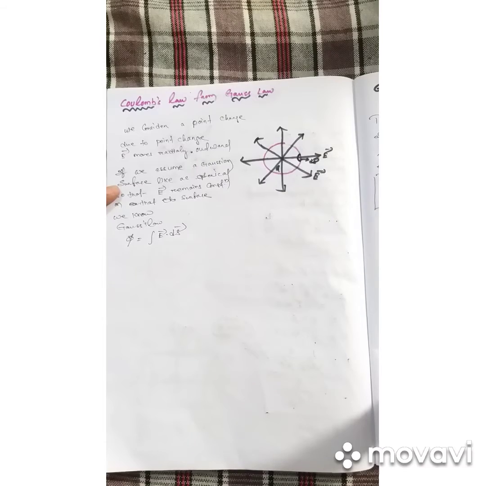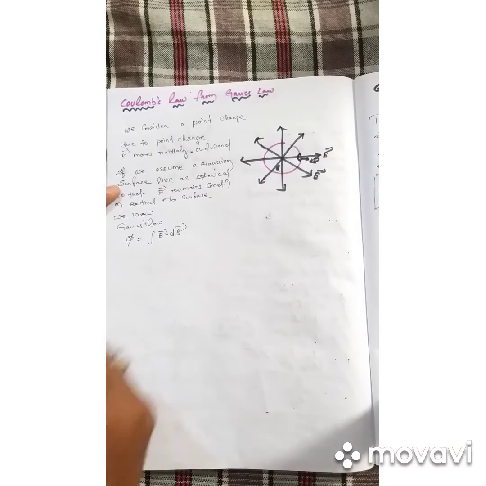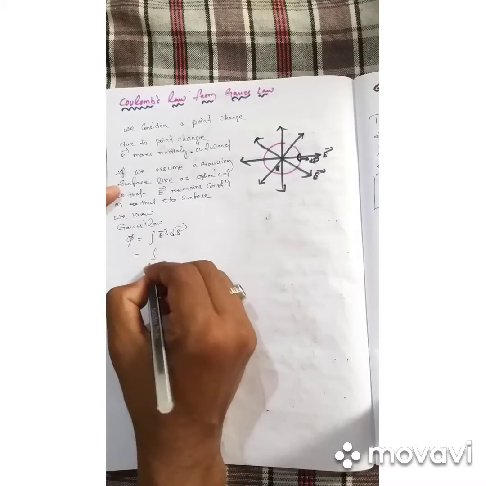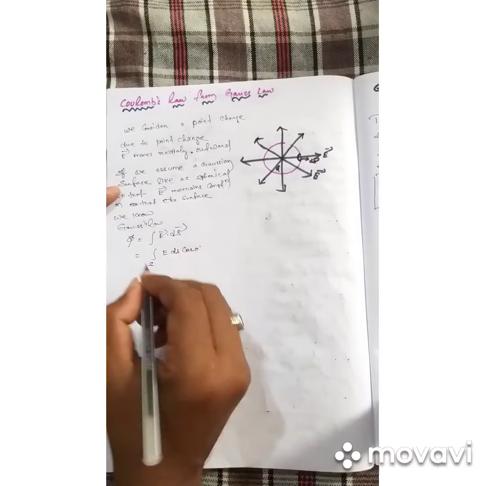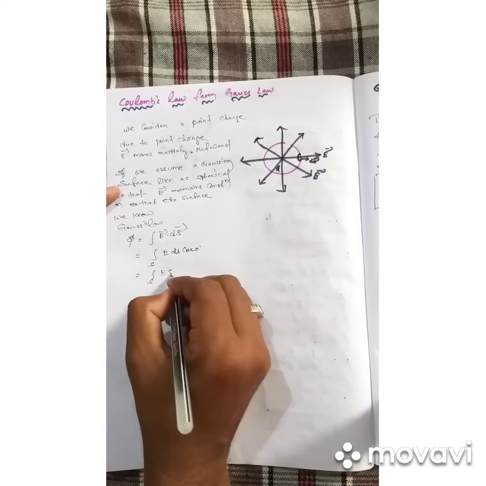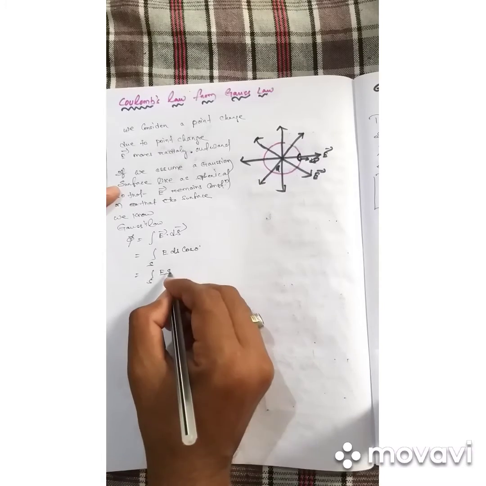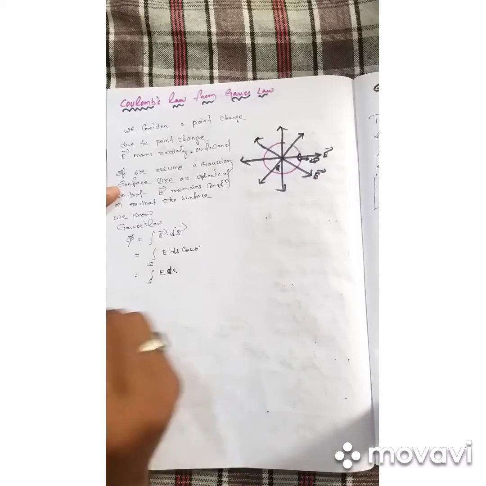So the dot product is represented in the form of magnitude: the surface integral of E dS cos 0 degree, that means the surface integral of E dS, because cos 0 is 1.